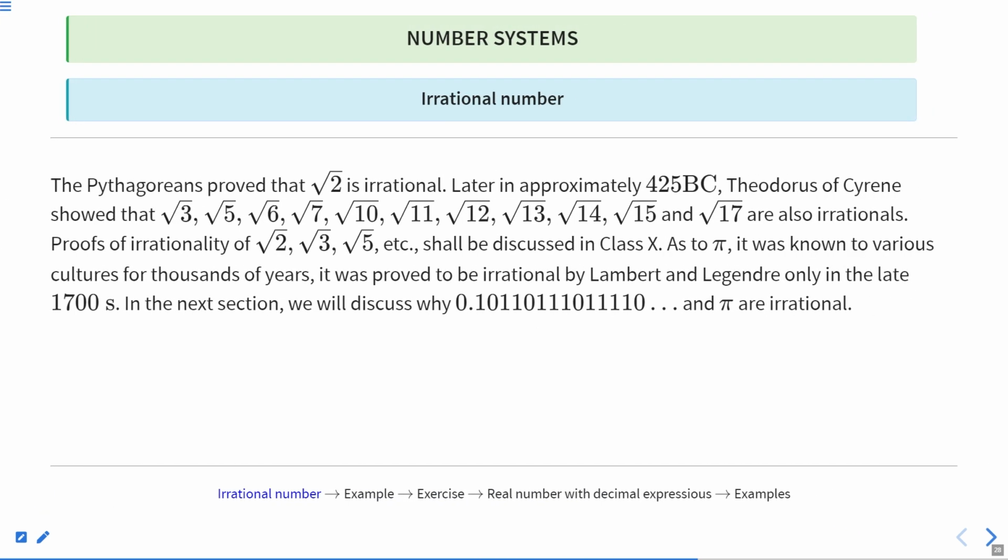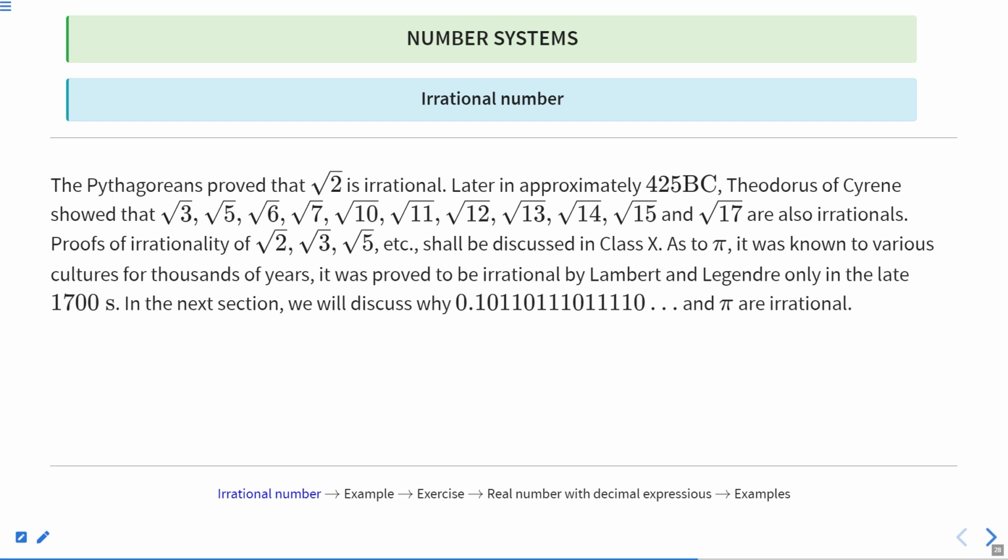The Pythagoreans proved that root 2 is irrational. Later, in approximately 425 BC, Theodorus of Cyrene showed that root 3, root 5, root 6, root 7, root 11, root 12, root 13, root 14, root 15 and root 17 are also irrational. The proofs of irrationality of root 2, root 3, root 5 and so on shall be discussed in class 10.